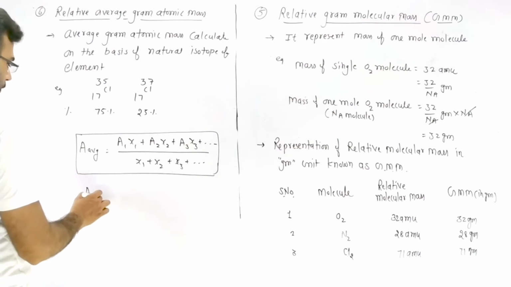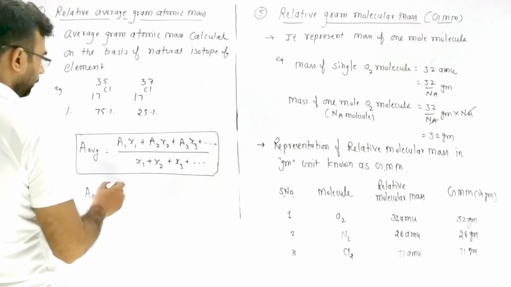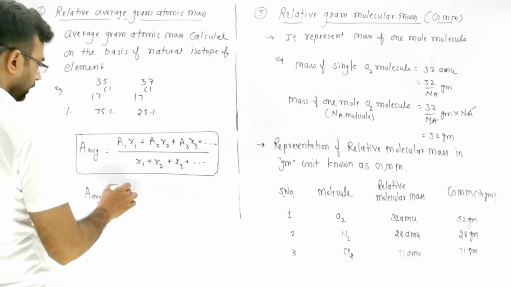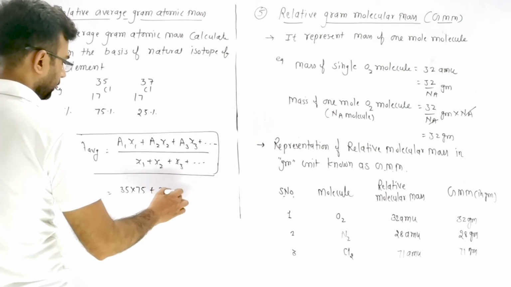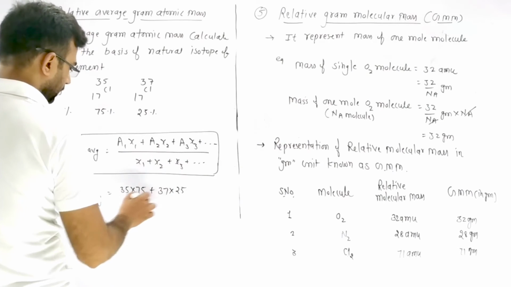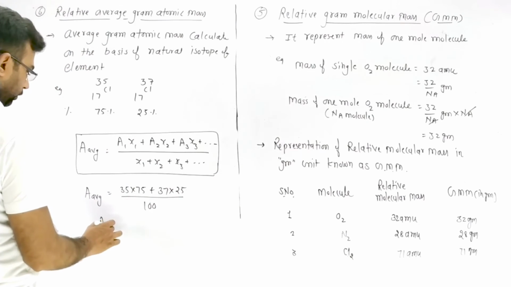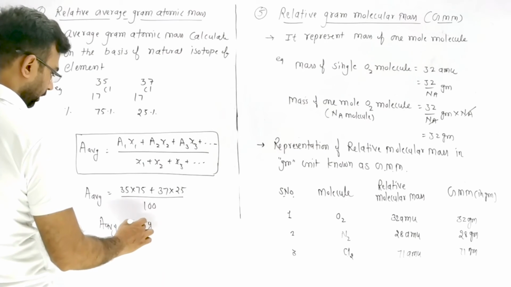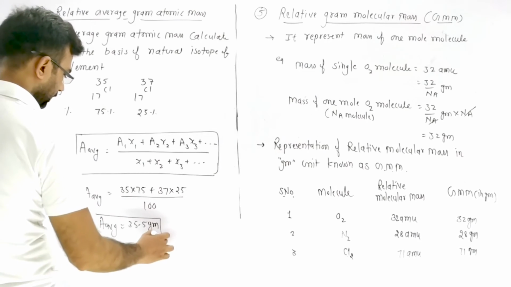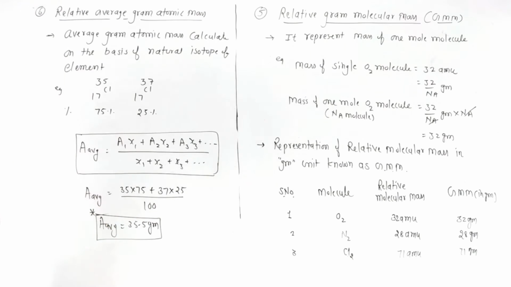On putting values, for the average atom mass of chlorine, A1 is the mass number, so 35 and percentage 75, next 37 and percentage 25, and 100. On solving, we have the gram atom mass of chlorine as 35.5 gram. So this is the method by which we calculate the average gram atom mass of an element.